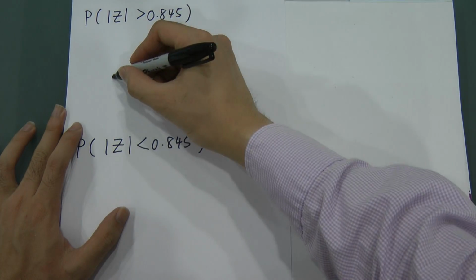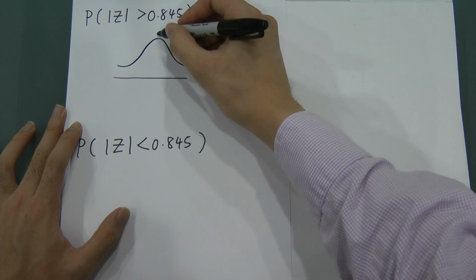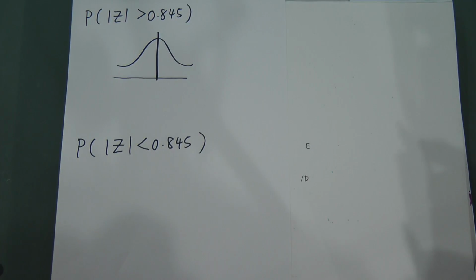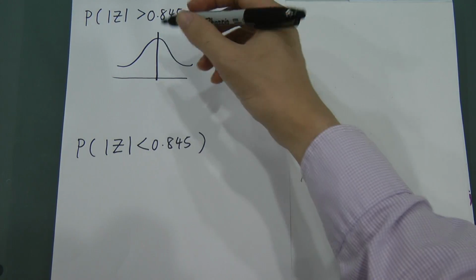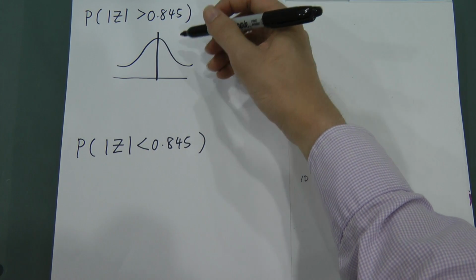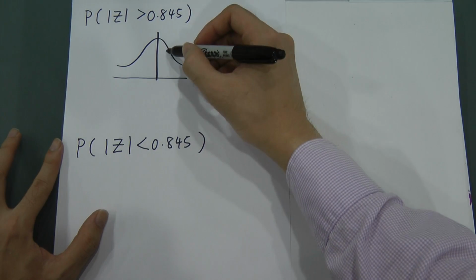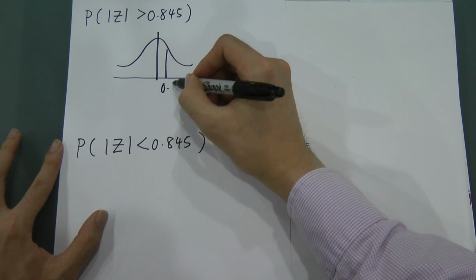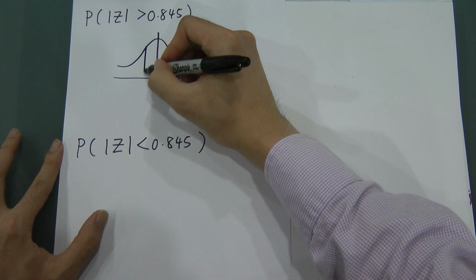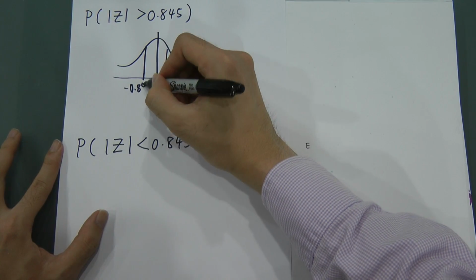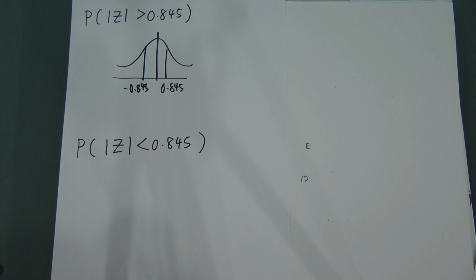If I draw the bell diagram, and you see this symbol bigger than 0.845, it means that if this is 0.845 and here is negative 0.845, the area the question wants to find is here.